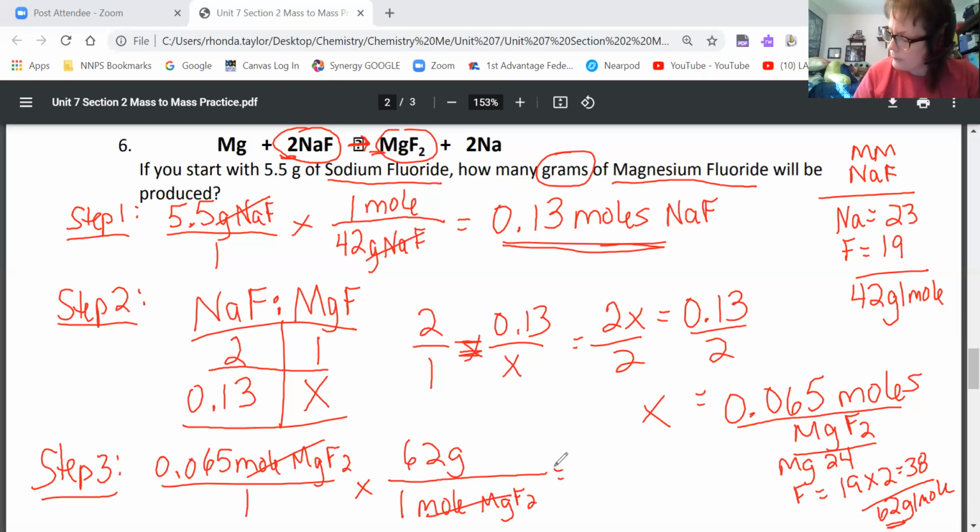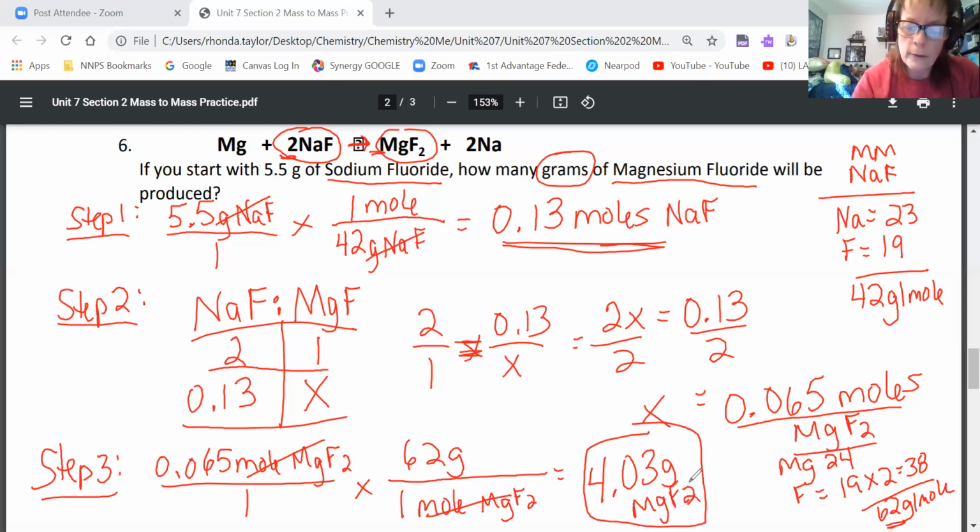And our final answer, you should get 0.065 times 62 is going to give you 4.03 grams of magnesium fluoride. And that is our final answer. That's a 2, by the way. Okay, 4.03 grams of magnesium fluoride.